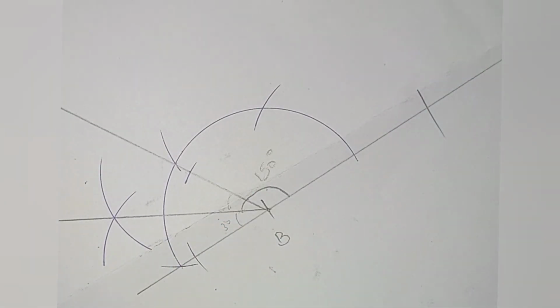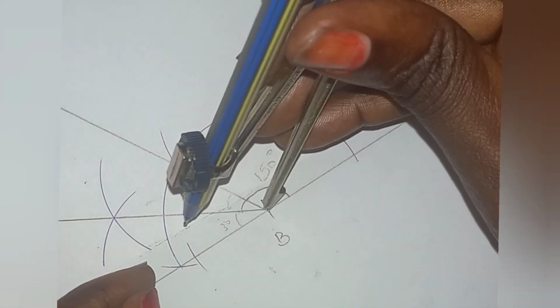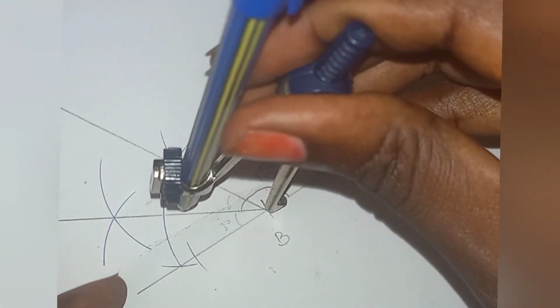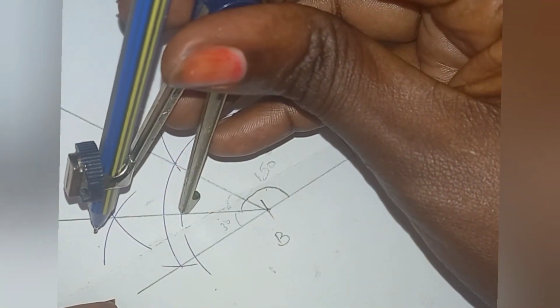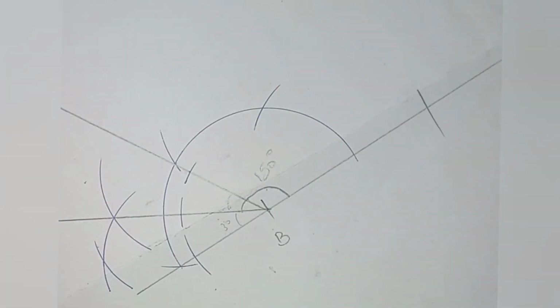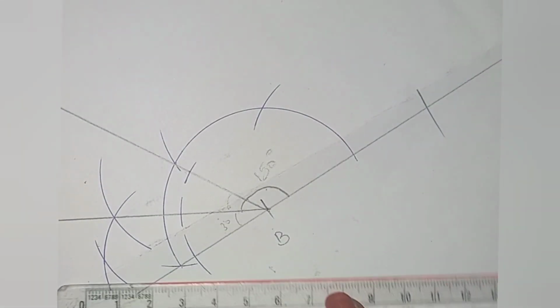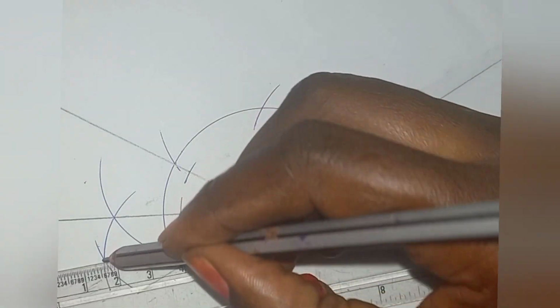So let's bisect it. You just stand here with this length, put an arc, stand here without adjusting, put an arc, again here, put an arc. Where the two arcs are meeting, join it to the point where you are constructing the angle.